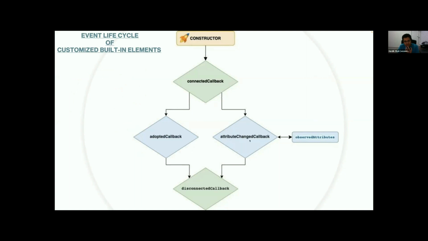If you want to observe particular attributes, we can use the observer design pattern, and under that, observed attributes is supported to keep an eye on when any of the attribute values is changed. And when the component is removed from the page, it will trigger the disconnected callback.